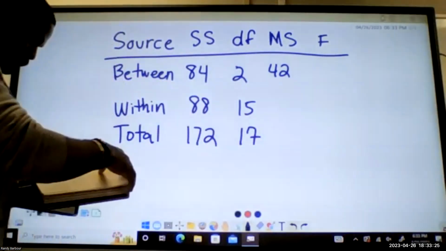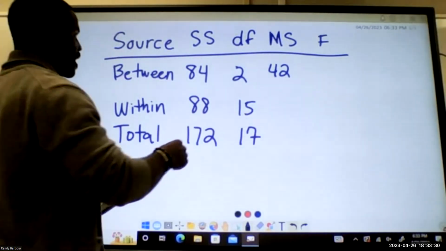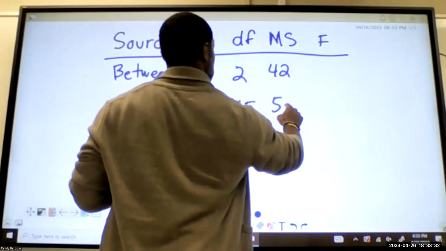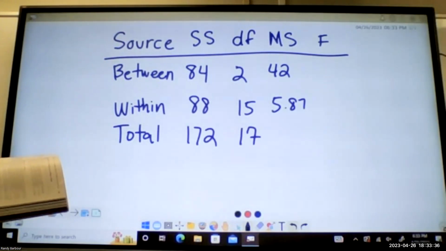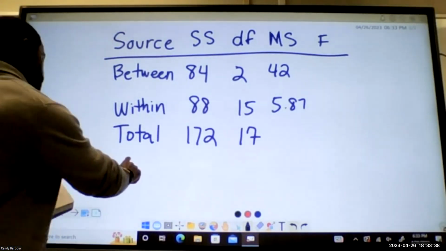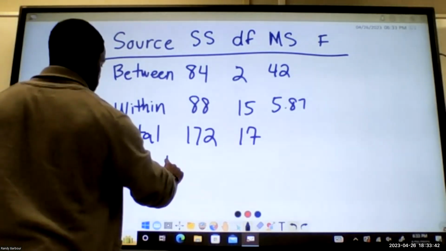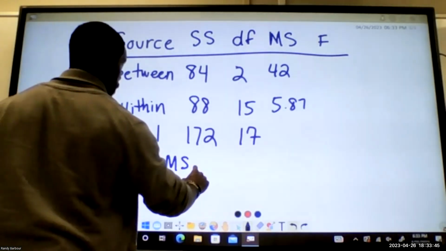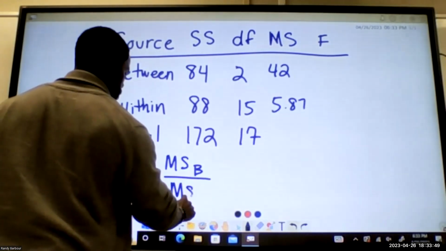And then 88 divided by 15 is going to give me 5.87. If we go back to our F ratio, it's going to be mean square between over mean square within.